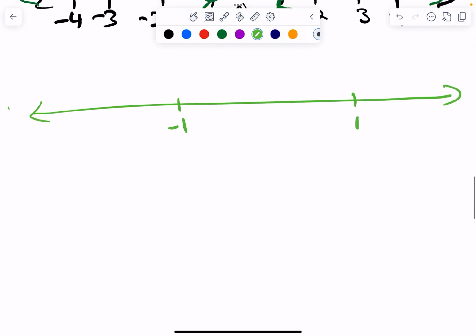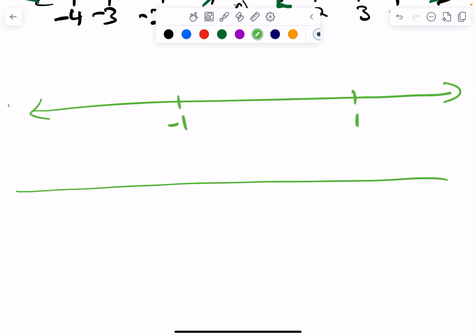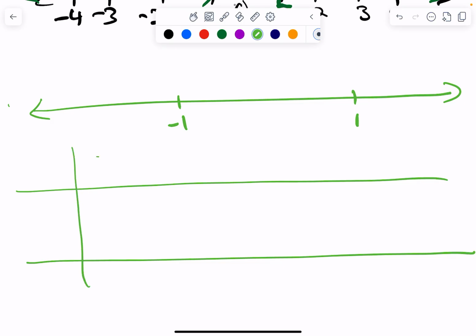Then I'm going to make a different kind of table, where we first take the numerator, x minus 1, and see what happens with -1 and 1.